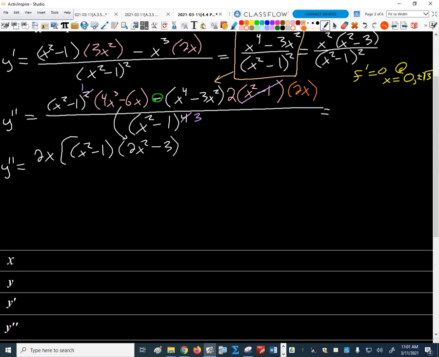Any questions on that step? Okay. And once again, all I'm doing here is I'm factoring out this 2x, right? That's what I'm factoring out of each of these two terms.